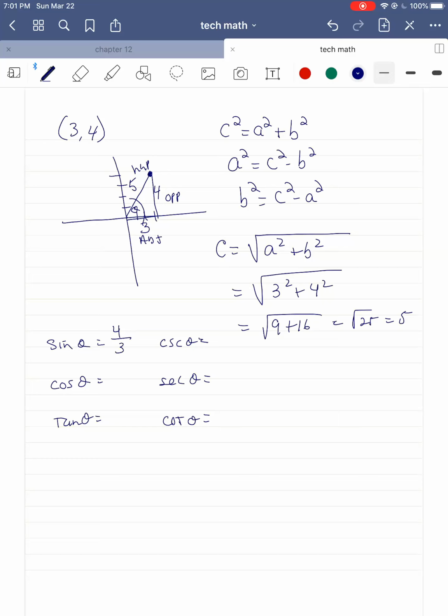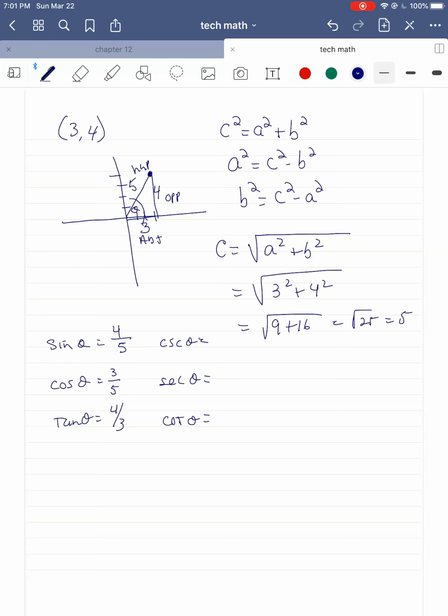So sine is opposite over hypotenuse. The opposite side is a 4, and the adjacent side is 3. Opposite over hypotenuse, so that's 4 over 5. Cosine is adjacent over hypotenuse, so that's 3 over 5. And tangent is opposite over adjacent, that's 4 over 3.